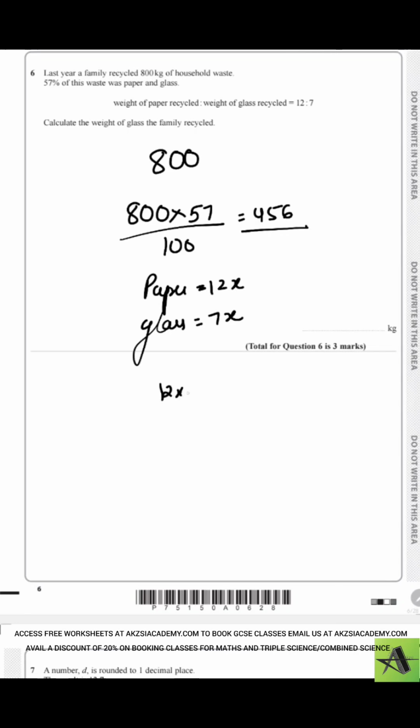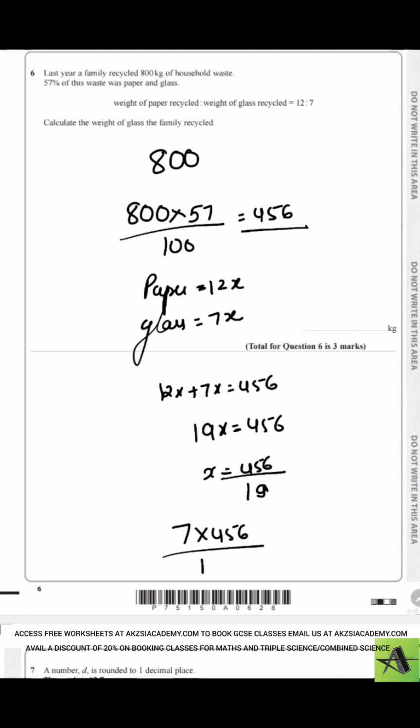So 12x plus 7x equals 456, 19x equals 456, and x equals 456 over 19. Glass is 7x, which means 7 times 456 over 19, and that gives the answer 168. So 168 kg of glass was recycled.